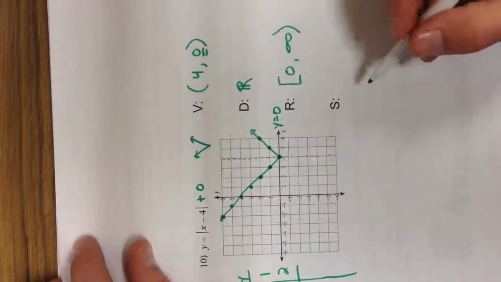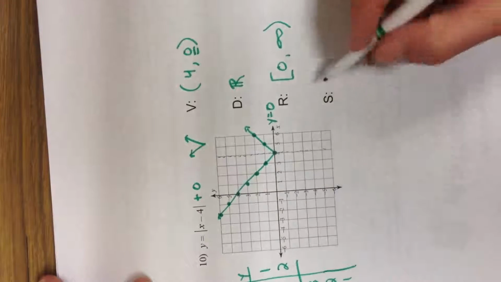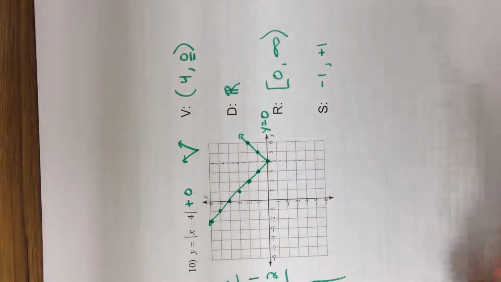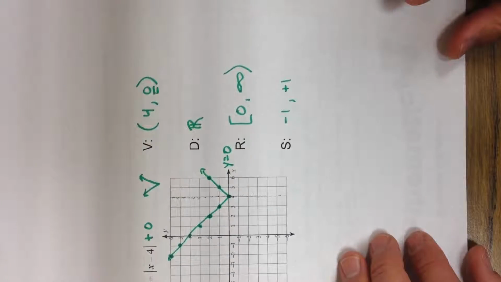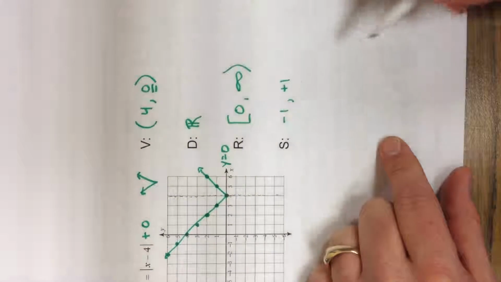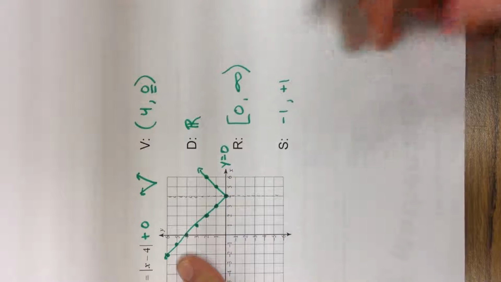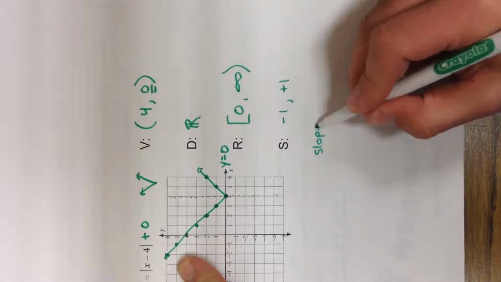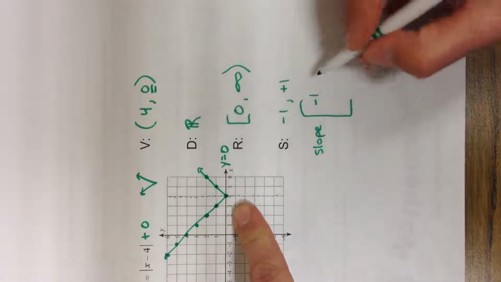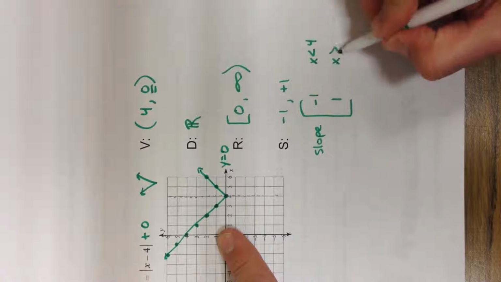Okay. And then again, our slope is 1 to 1. You can get that from the equation, or you can get it off the graph. So -1 and +1 are your slopes. Now, another thing, if you're watching this from a different class, there's a lot better way to write this, to write for your slope, because since it's an interval and it changes, you could say that slope is -1 where x is less than 4, and it's +1 where x is greater than 4.